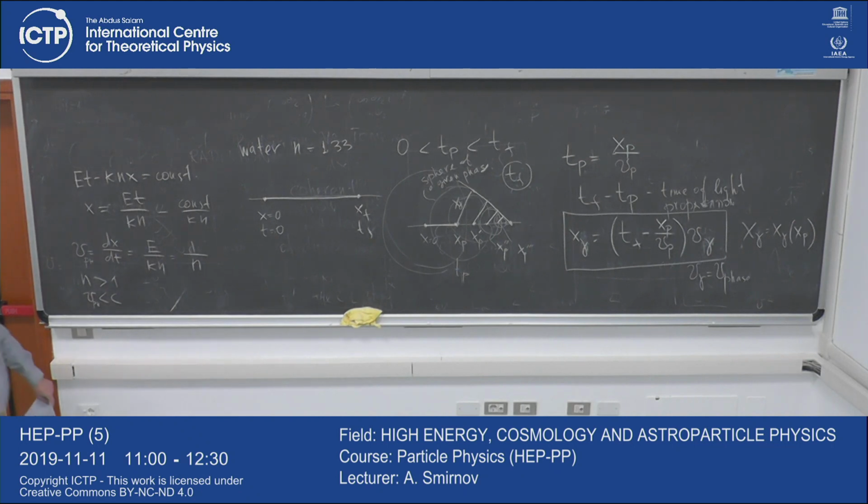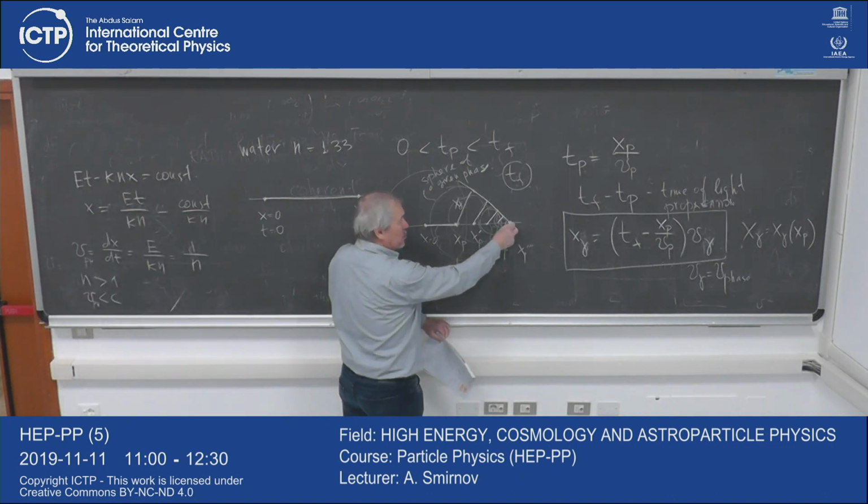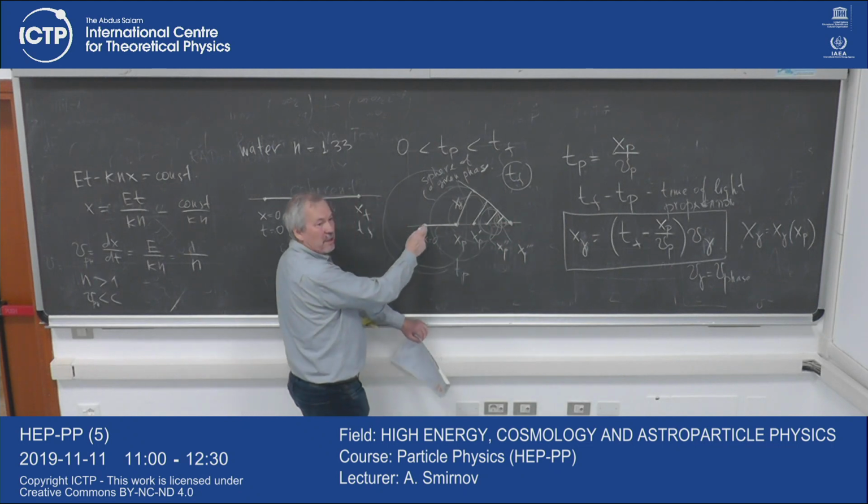So you see, when the particle is here and just starts to emit, then the radius is 0, right? The biggest radius is when the particle was emitting here.